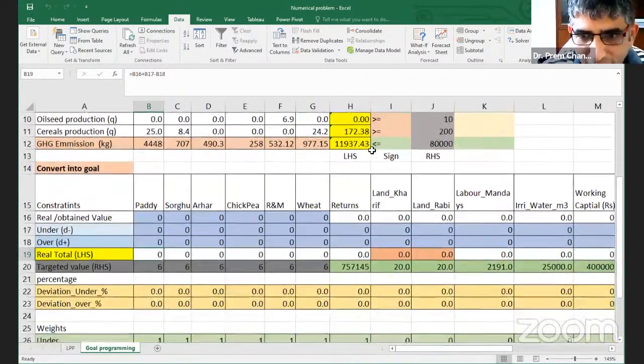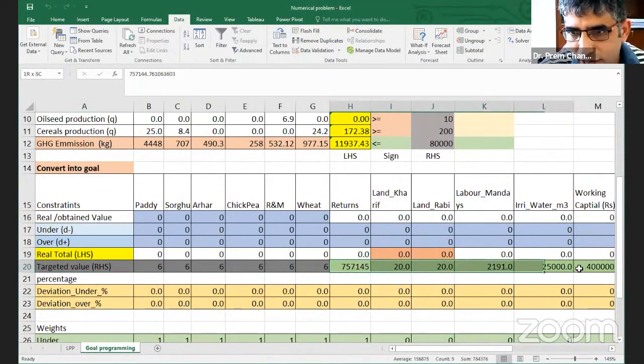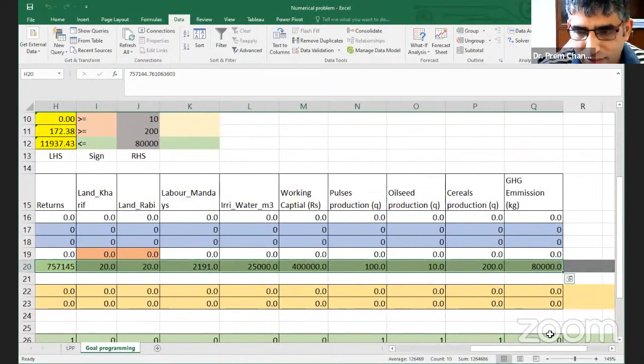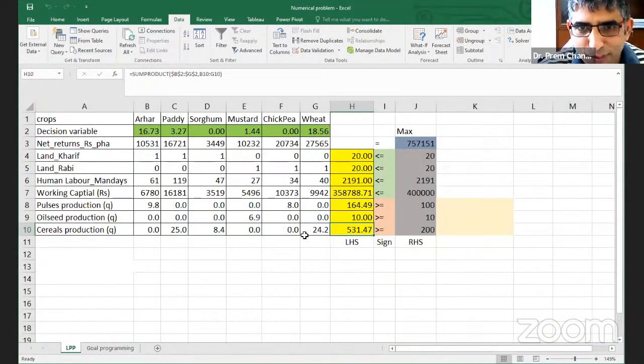So I have brought these things here: the target value or goal. These are my aspiration levels. In the previous LP, I got that I can achieve a net return of 7.557 lakh rupees from my 20-hectare field.